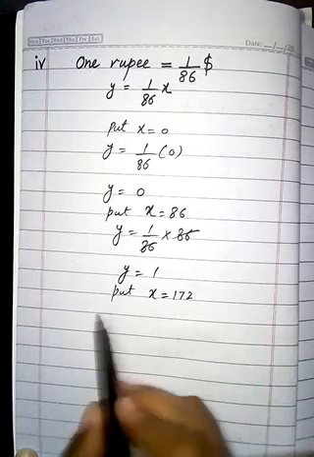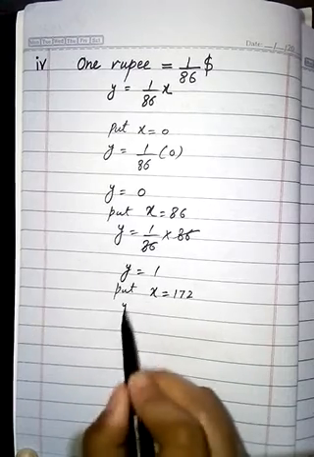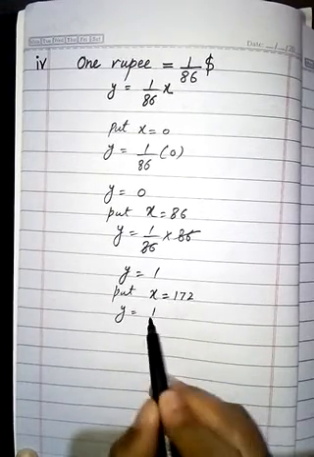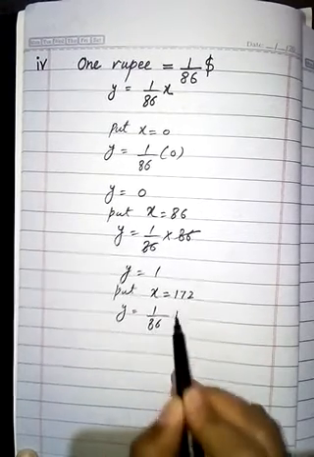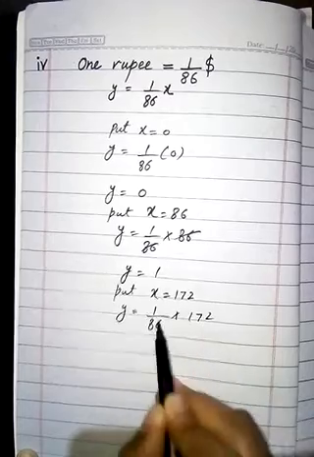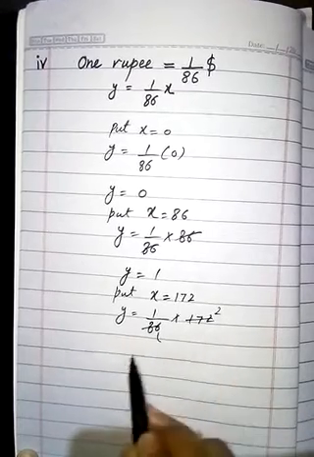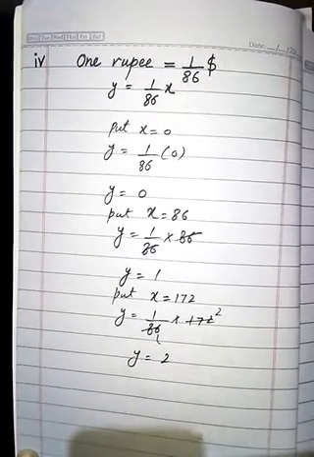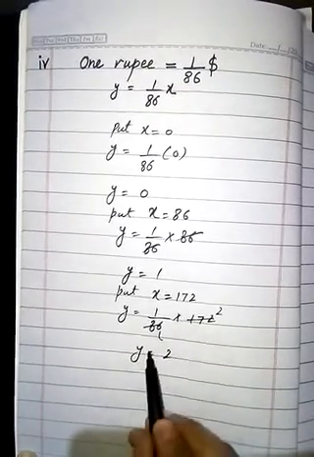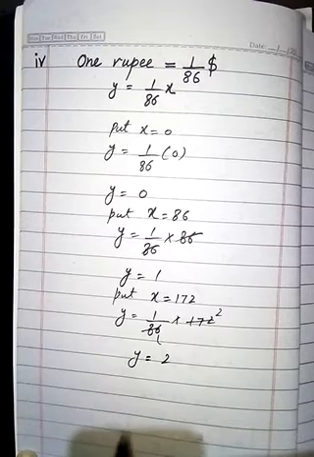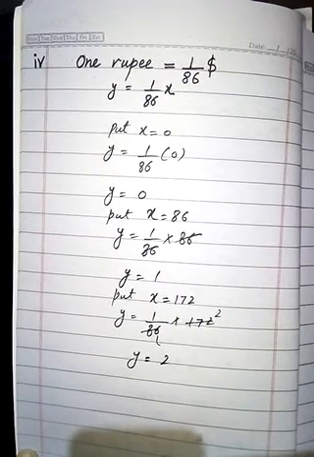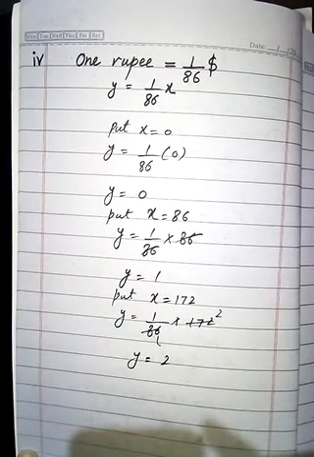So put x equals 172. Now 1 by 86 multiplied by 172. 86 ones are 86, 86 twos are 172. So you get y equals 2. This is a short question, so 2 or 3 values are enough for the graph in short questions.